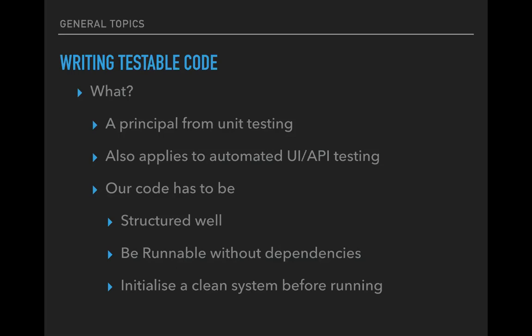Now, it also needs to be runnable without dependencies, because for me, a dependency is an integration point. And integration points give an extra point of failure, and that's what you have to avoid to prevent flakiness. If you're speaking about API tests, that's important. But if you're speaking about UI tests, that's even more important.